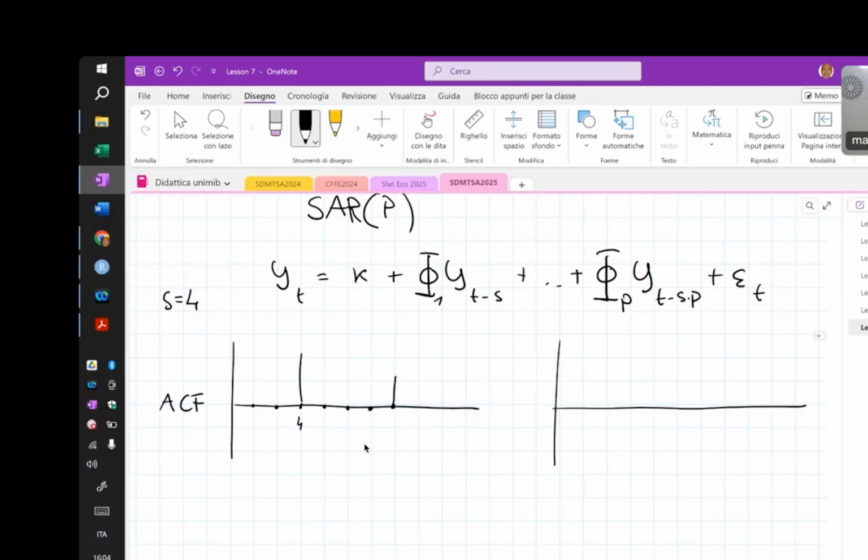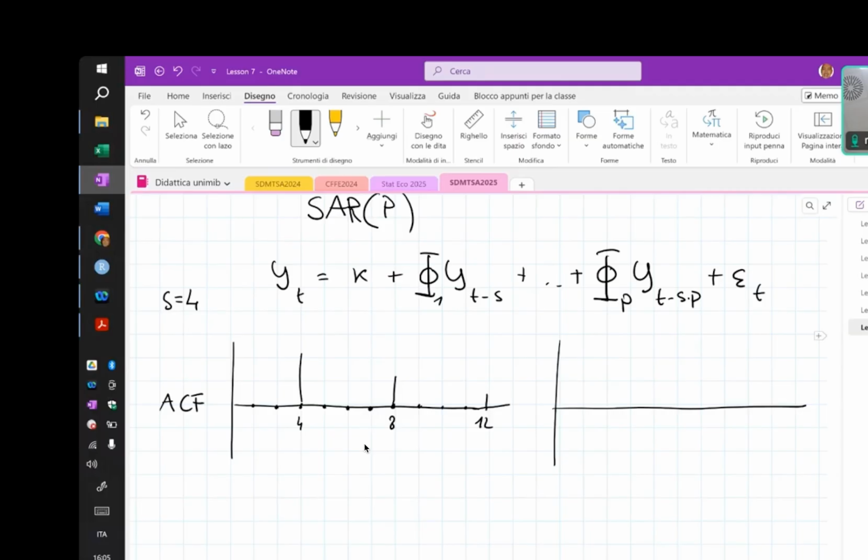And so on until it disappears, okay? So it behaves just like the non-seasonal counterpart, but everything happens on the multiples of the seasonal periodicity, okay? So it goes to 0 gradually, but on multiples of the seasonal period.